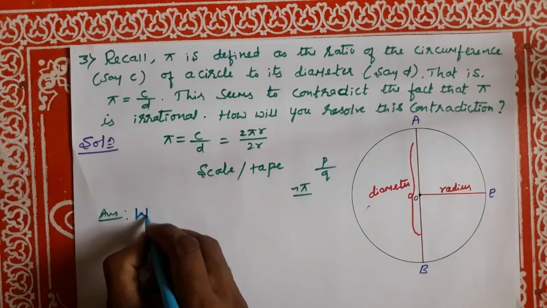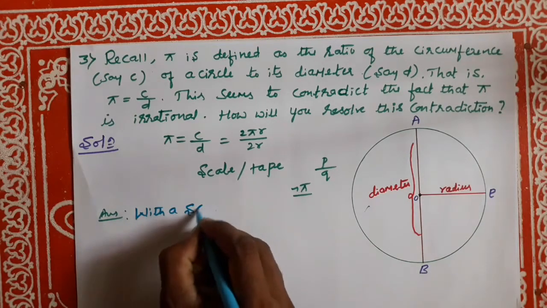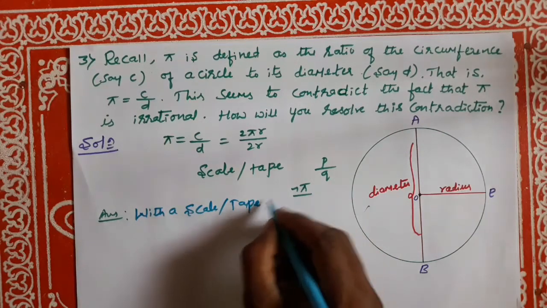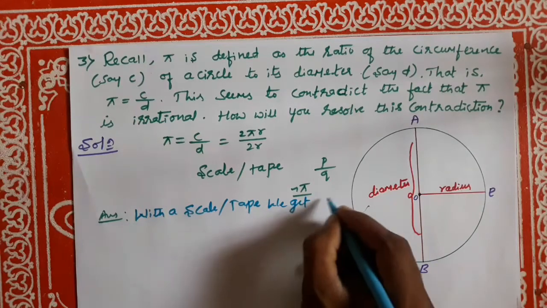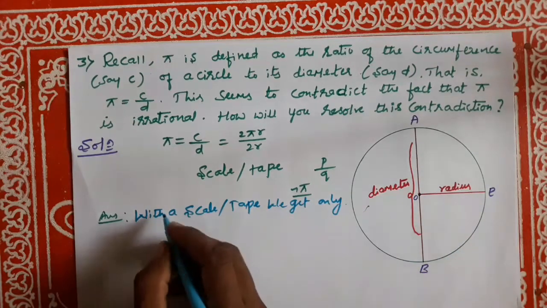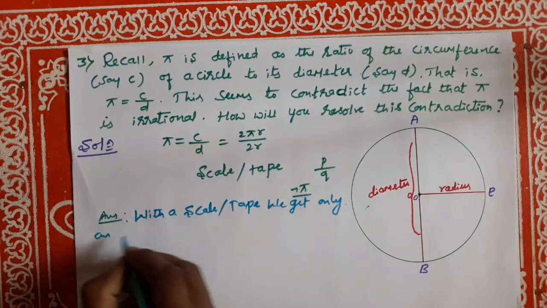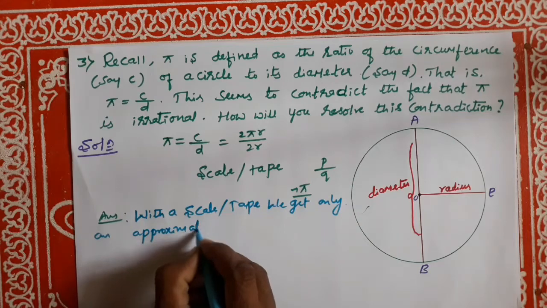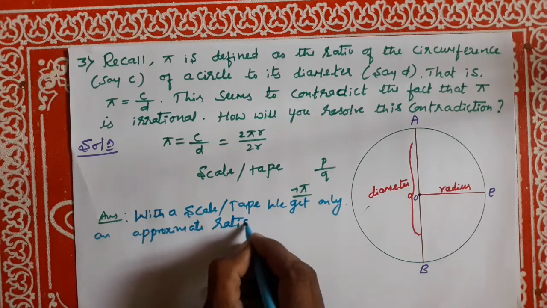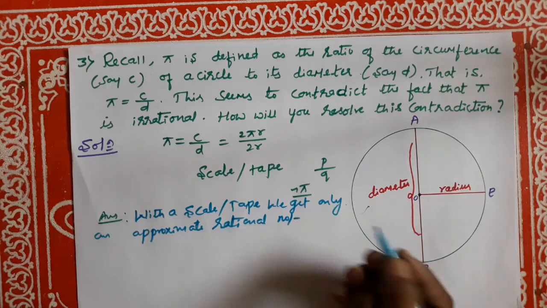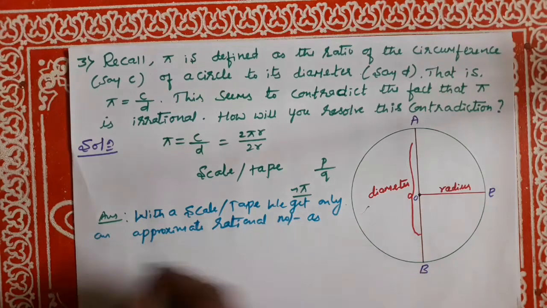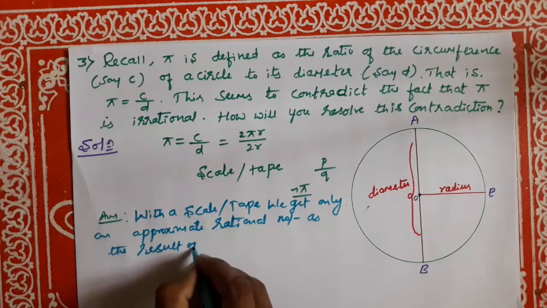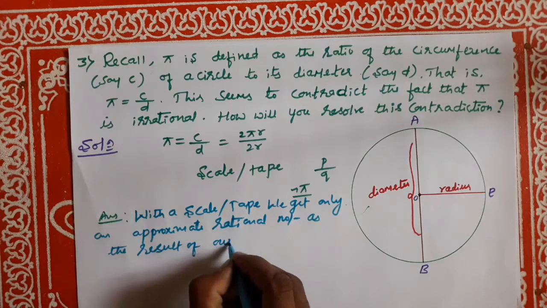With a scale or tape, we get only an approximate rational number as the result of our measurement.